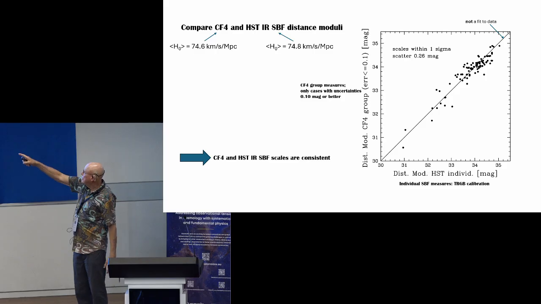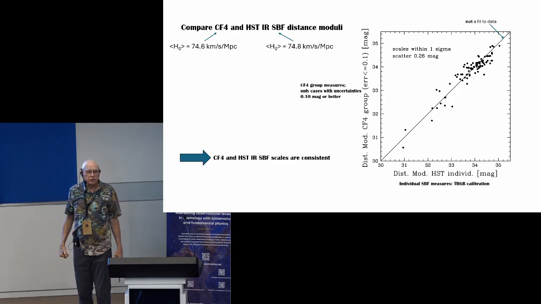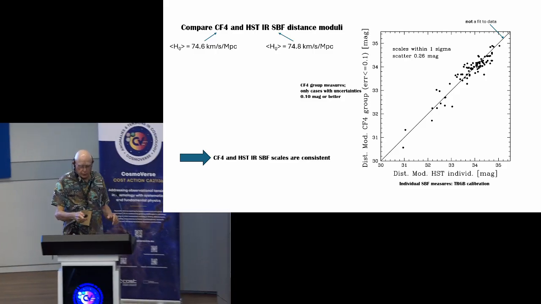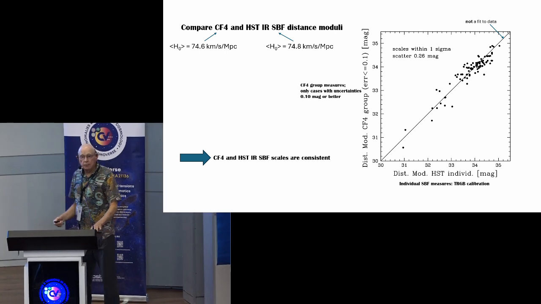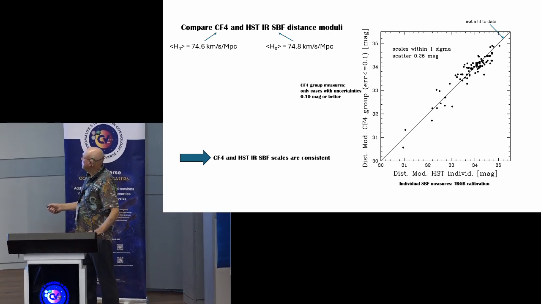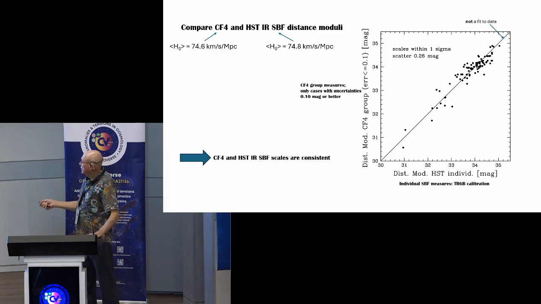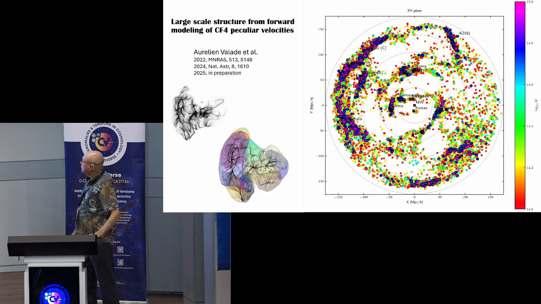And just showing you up there the Hubble constants for those two different compilations. So in other words, Cosmicflows-4 is a good, consistent database. Well, that's about all I wanted to say today.